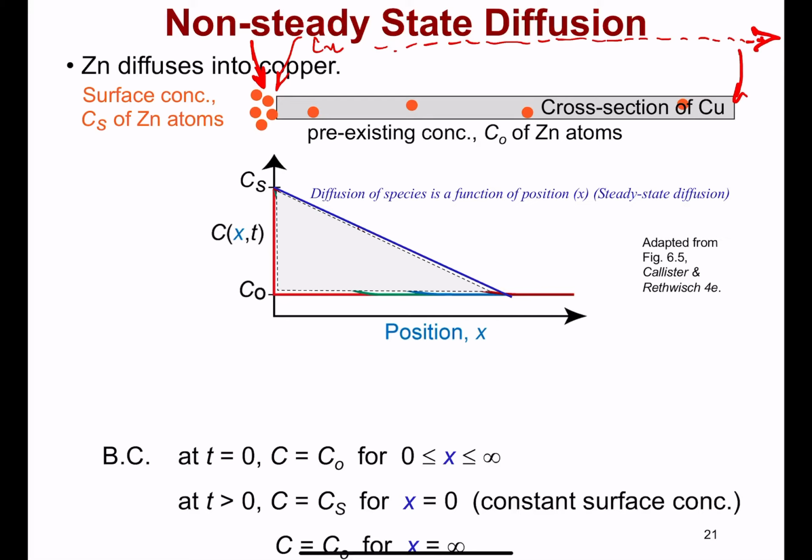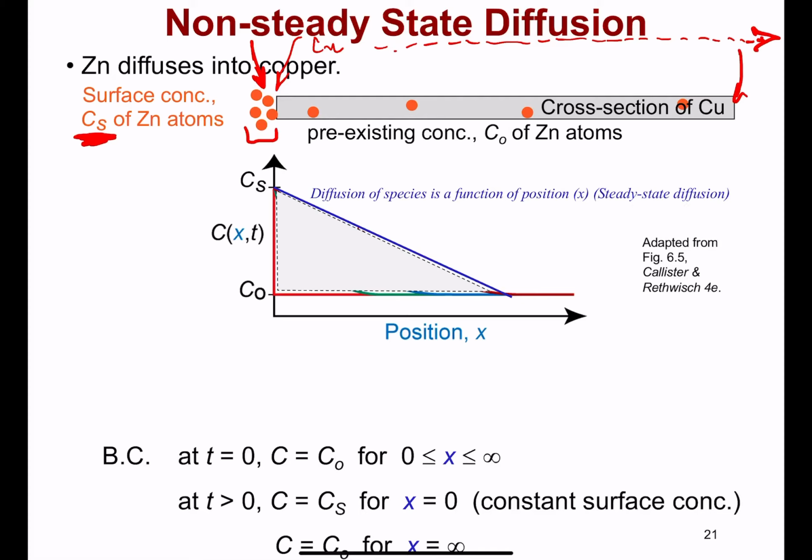We're going to rely on understanding that the surface concentration of zinc atoms in this case is labeled as concentration CS. This is what we said does not change over infinite time for the experiment. So we're going to assume that there's always a supply of zinc atoms and that the concentration there is constant at value CS.